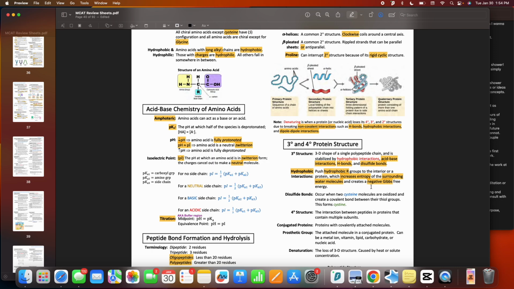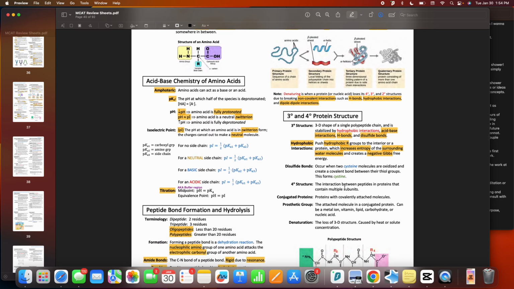So when we have negative Gibbs free energy, it's stabilized. An increase of entropy also causes stabilization, right? And this is why the 3D shape is stabilized by hydrophobic interactions.